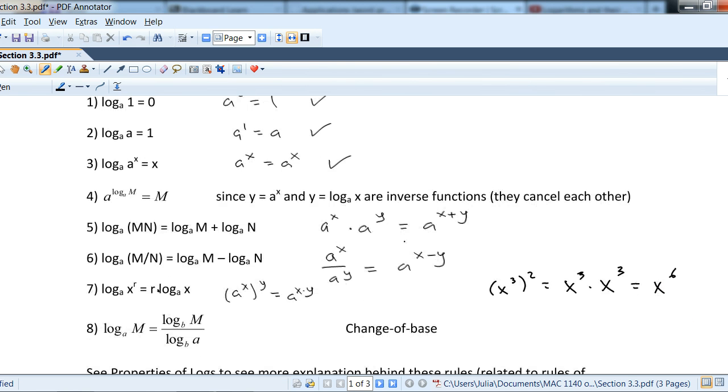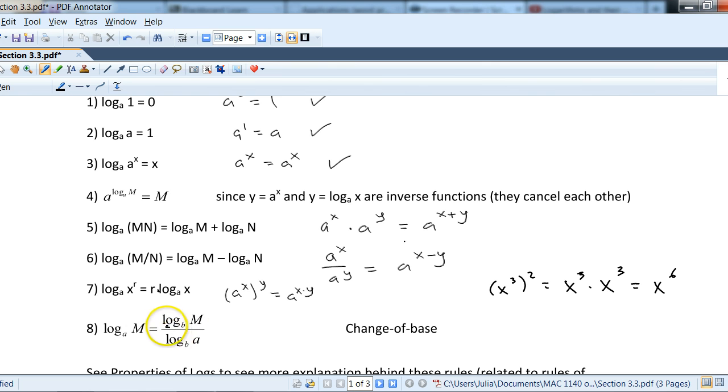And there is one more, change of base. That is if you don't have that function in the calculator that I talked about in the last video for section 3.2, check that out first. Then you would need to use change of base to use log of any base other than 10 or e, which is in your calculator. So let's say log base a of m, you want to switch it to, let's say, base b.